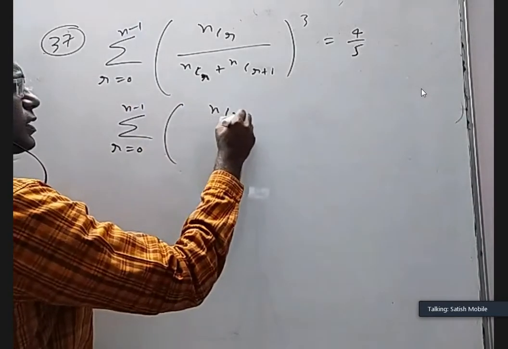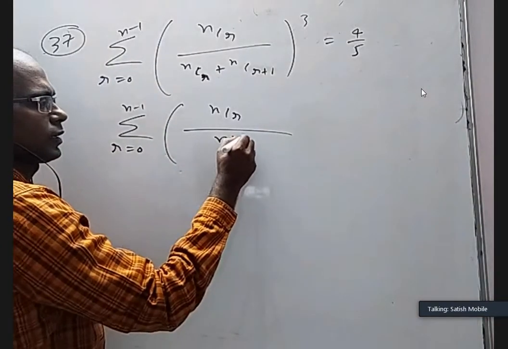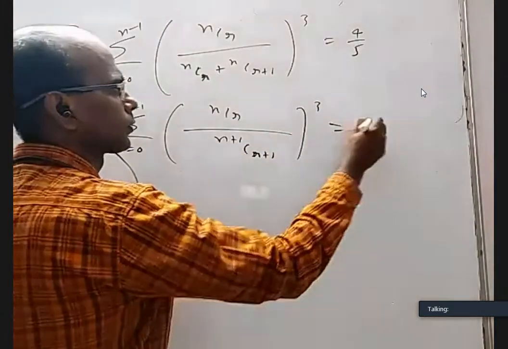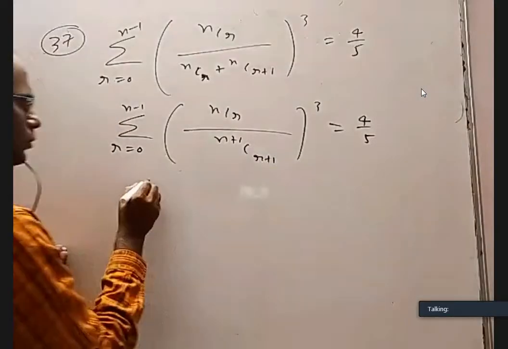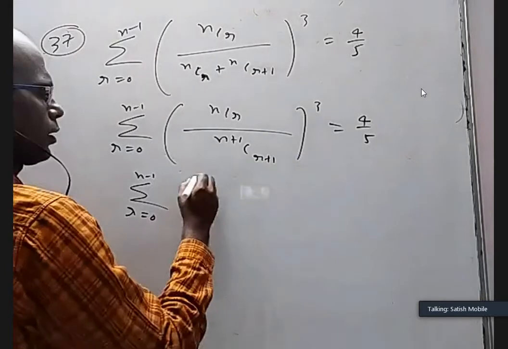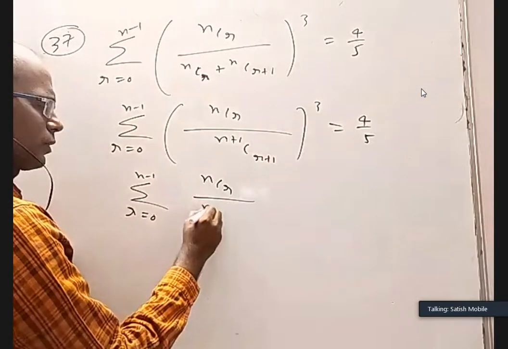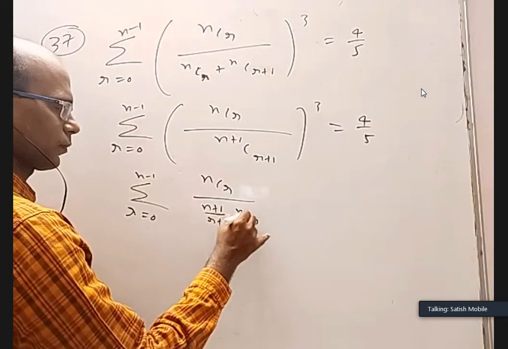Okay, first of all, in the denominator, NCR plus 1, we have a formula: n plus 1 CR plus 1. And now I can write this as this by this into 1 less. So it will be n plus 1 by r plus 1 into NCR.